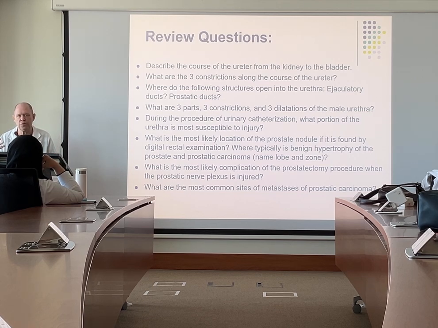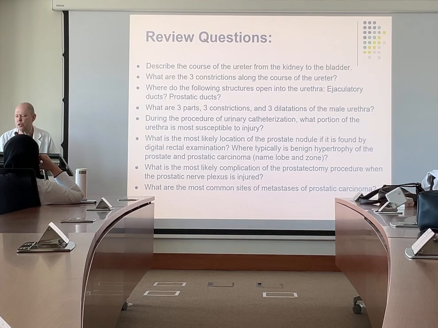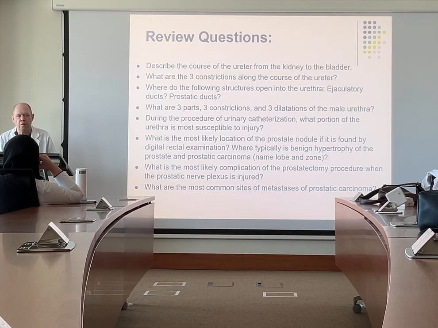So three portions. Which will be the longest one? Abdominal, of course. Now, what would be the three constrictions? Pelvico-ureteric junction. Second constriction, pelvic rim. Third constriction in the wall of the bladder. Very well.